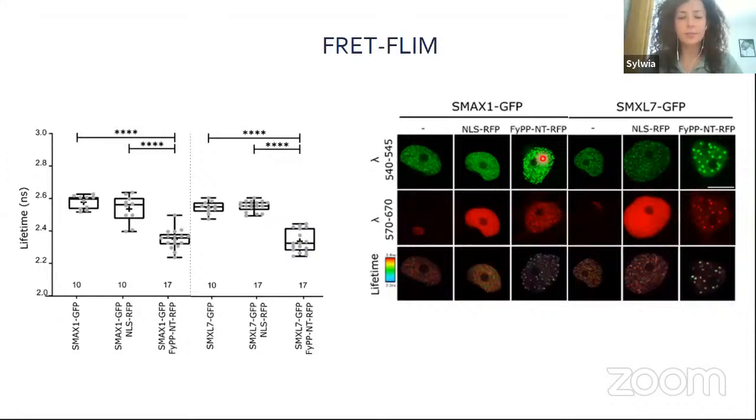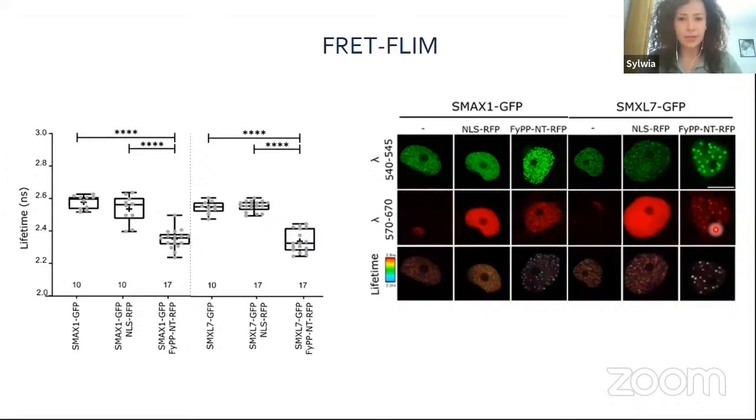But if we co-express the phosphatase together with SMAX1, you can see SMAX1-GFP is in the speckles, but then the phosphatase, FYPP NT-RFP, also goes to the speckles. So SMAX1, or SMAX7 as well, which you can see here, is kind of dragging the phosphatase to these nuclear speckles, changing its localization, which for us was another indication that these two proteins interact.